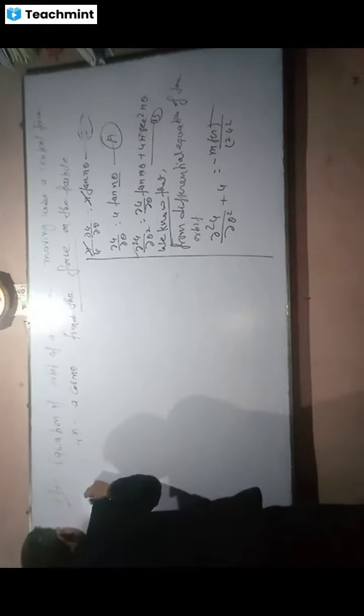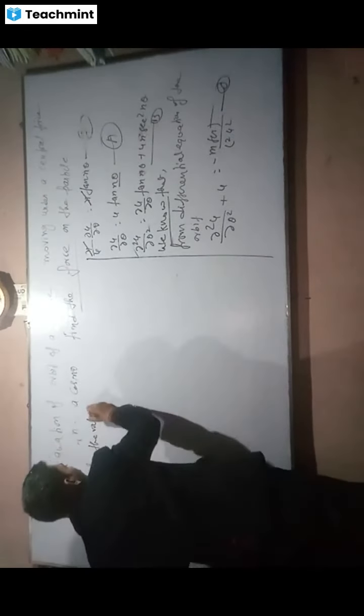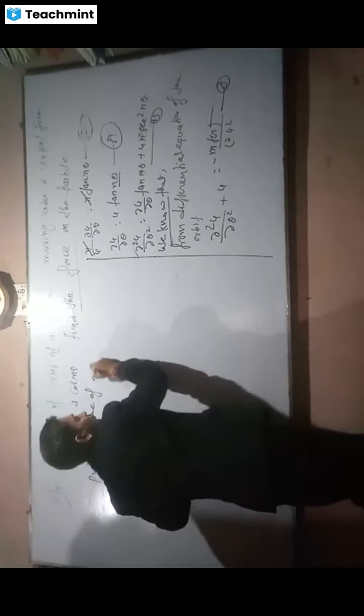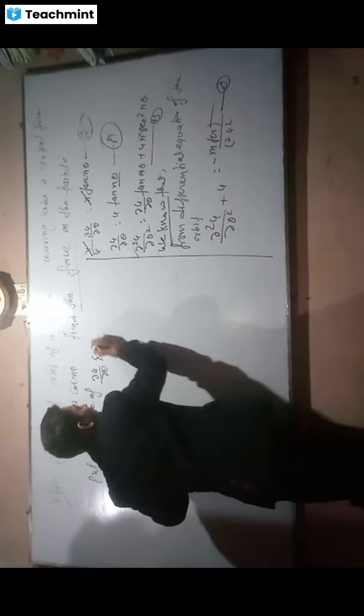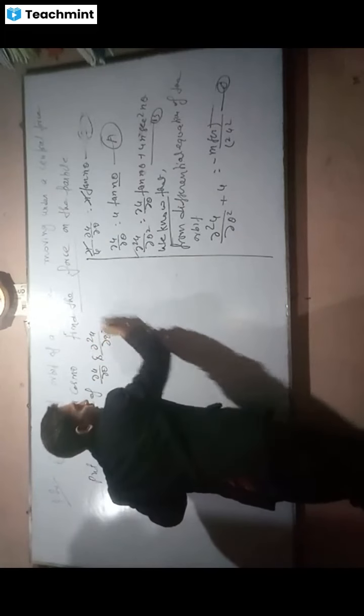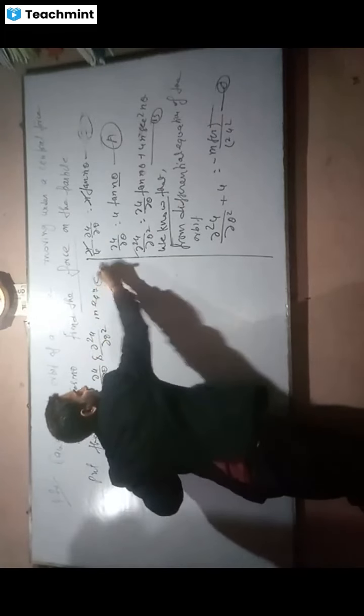Let us put it here, equation A, and here equation B. From equation C, put the value of ∂u upon ∂θ and ∂²u upon ∂θ² in equation C. Then we will find the result.